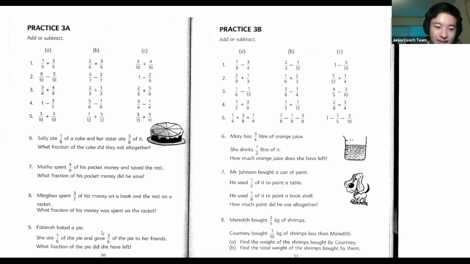What would that be? 1/3, a third. Good job. Right, we will write 1/3.